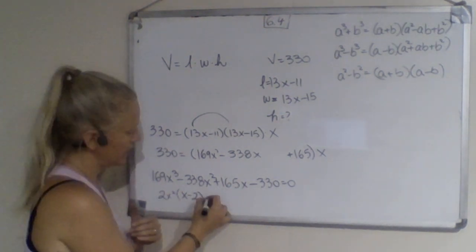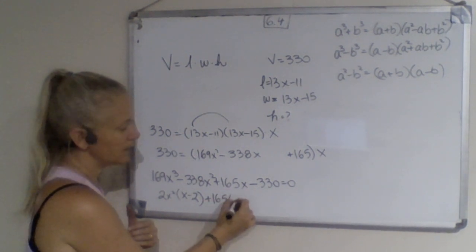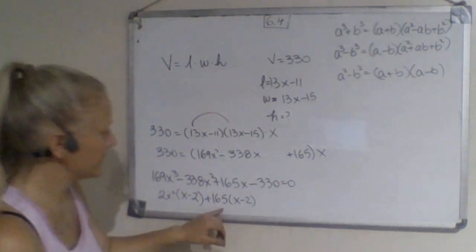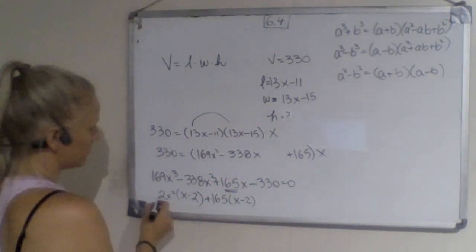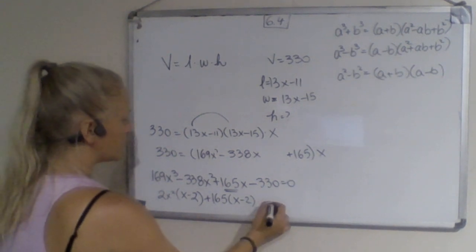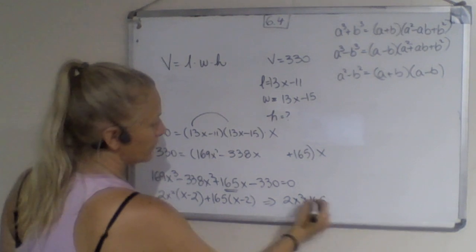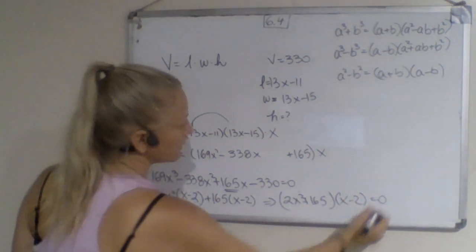And then on this one, I can pull out 165 and end up with x minus 2. And here's why: 330 divided by 165 gives me 2. So this becomes 169x squared plus 165, all times x minus 2, needs to equal 0.